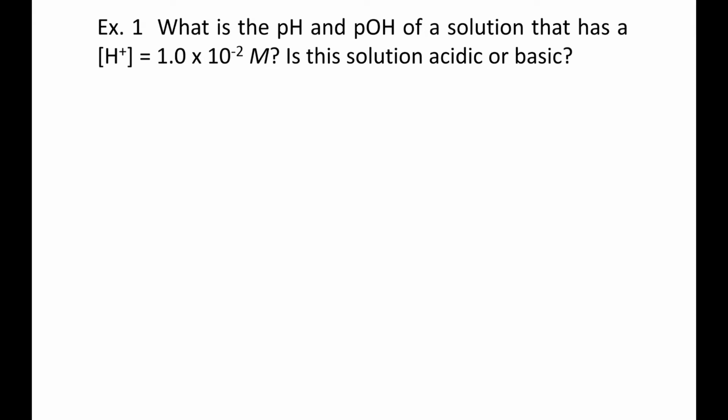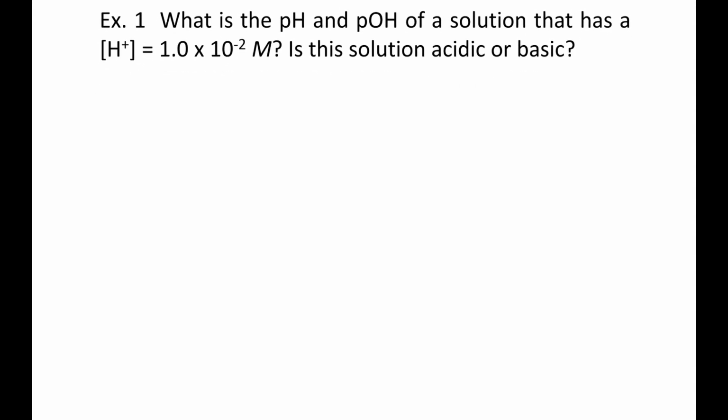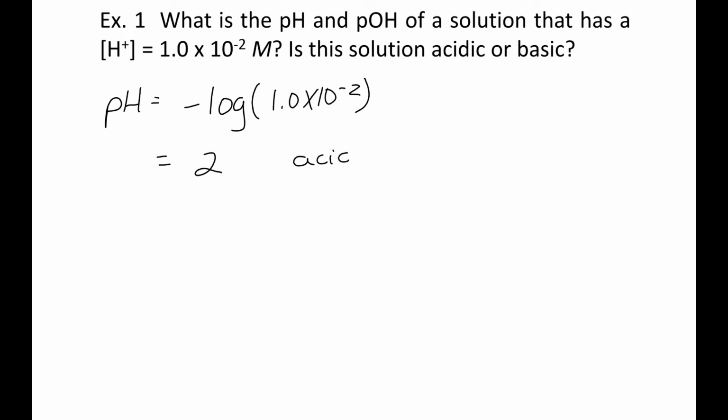Okay, so what is the pH and pOH of a solution that has a hydrogen ion concentration of 1.0 times 10 to the minus 2? Okay, so pH equals minus the log of 1.0 times 10 to the minus 2. And it equals 2, which means it's acidic.